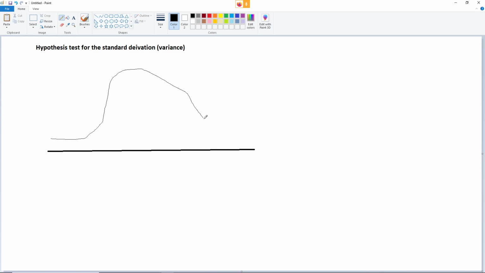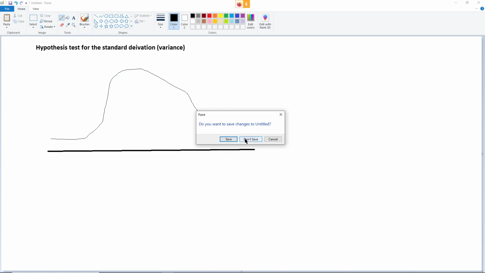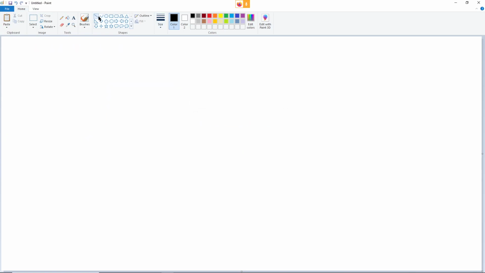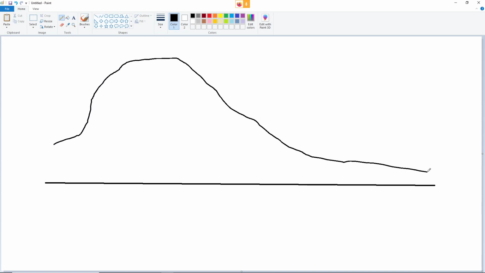That's the t-test and z-test. I know my drawing's not very good. But it turns out right now, it's almost the same thing. Our test is going to look more like this. Like that. So, doesn't matter.